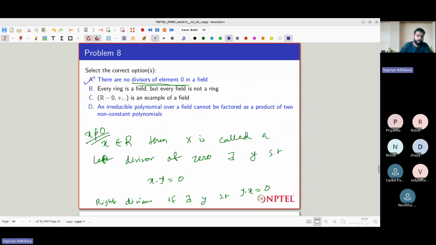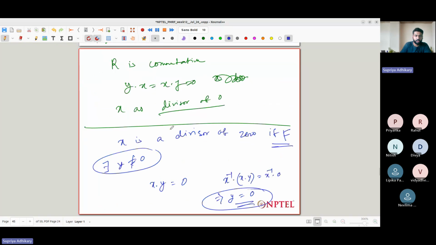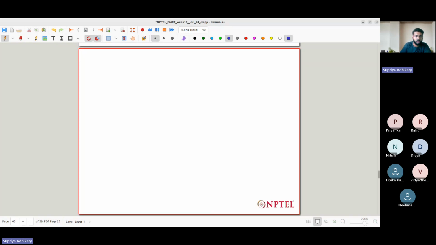The second one says that every ring is a field, but a field is not a ring. This is basically not true, because we have shown an example of a division ring. A division ring is a ring, but not a field.